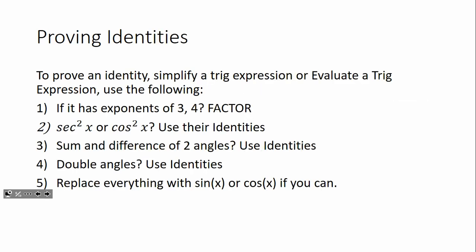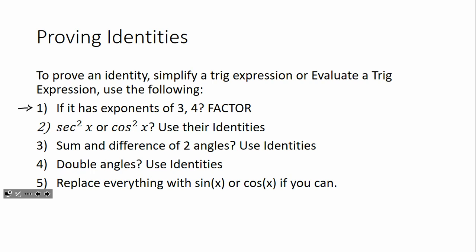The next part we're going to talk about is proving identities. This isn't something that we're going to do in calculus, but I'm just going to review it. To prove an identity, you simplify everything to one trig expression usually, or as simple as you can go, so the left side matches the right side. A lot of times you will be looking to factor, especially if it has an exponent of 3 or 4.